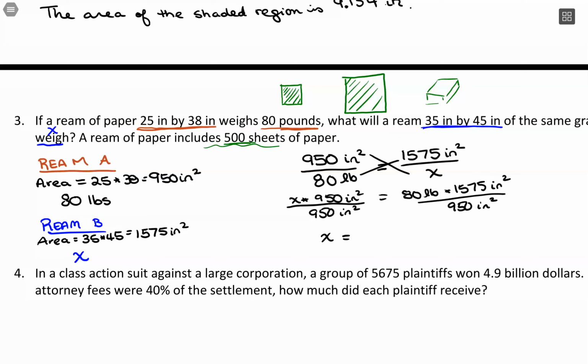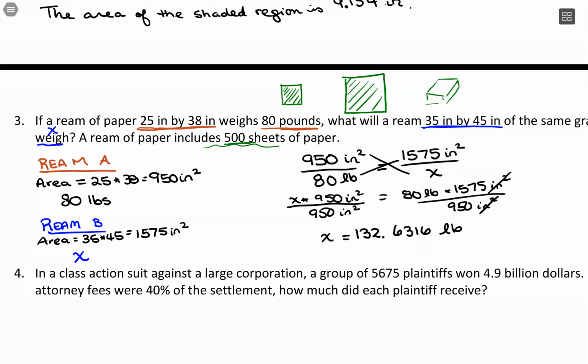So when we solve numerically, plugging those into the calculator, we should get 132.6316. And then for units, those square inches will cancel out, so we're left with weight, which is exactly what we want.